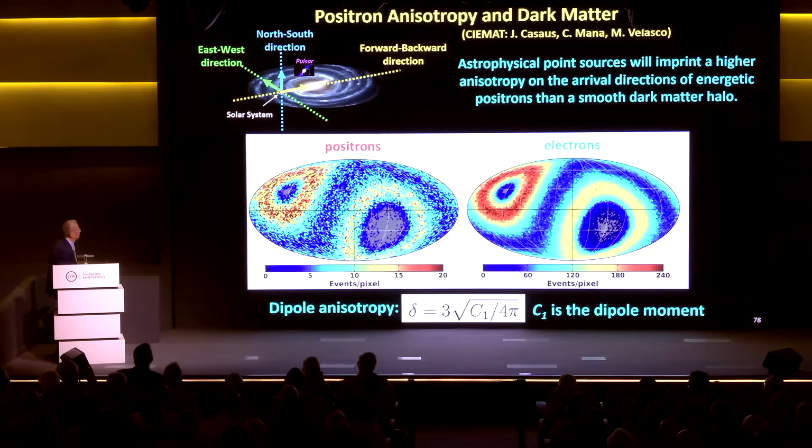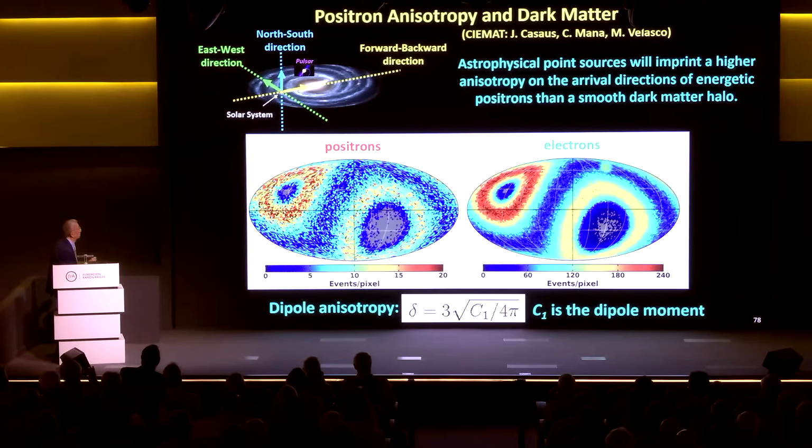Spanish leads the analysis of anisotropy. Astrophysical sources are point sources, giving a higher anisotropy in the arrival direction of energetic positrons than a dark matter model. Dark matter will be everywhere, pulsar will have a fixed direction.